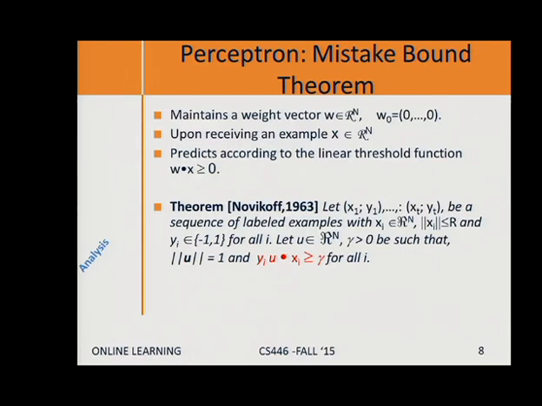So what does the theorem, Novikov's theorem, say? This is our data: let x1, y1 up to xt, yt be a sequence of labeled examples where the xi's are real-valued vectors, and the size of xi is bounded by R. Is this a strong assumption?